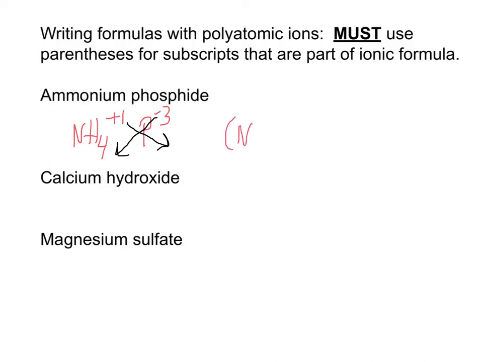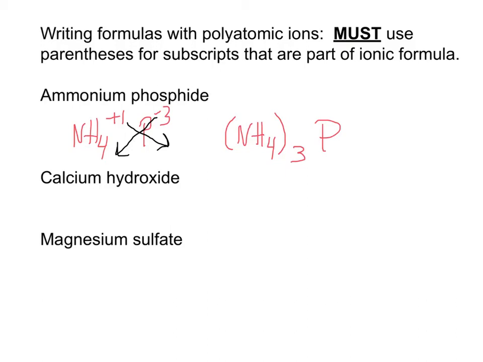We never ever alter the subscripts or formula of the ion itself. You put those in parentheses and then put the subscript 3 on the outside. That's saying 3 of everything inside there. It's not NH12. Then lastly it's P1, because the charge of ammonium is 1.